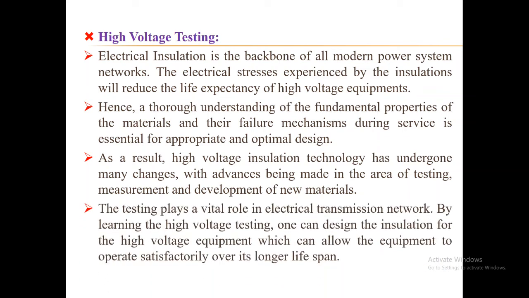Testing plays a vital role in the electrical transmission network. By learning high voltage testing, one can design the optimal insulation for high voltage equipment, which allows the equipment to operate satisfactorily over its longer life span. And for the purpose of this study, high voltage laboratories have been developed.